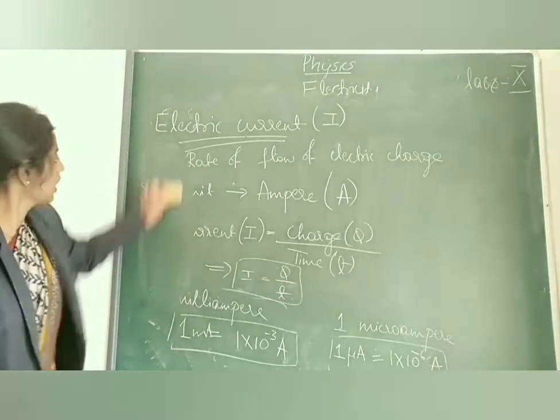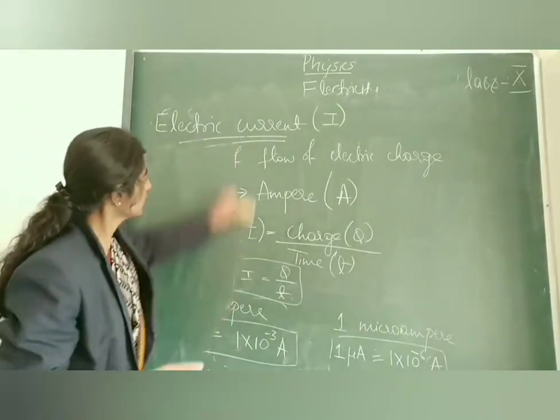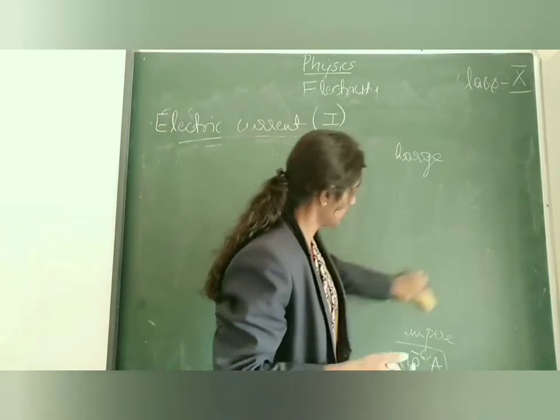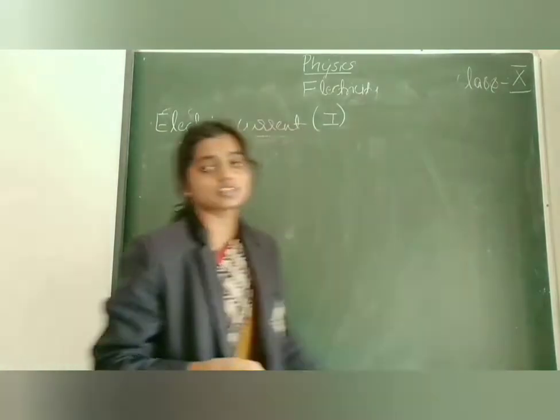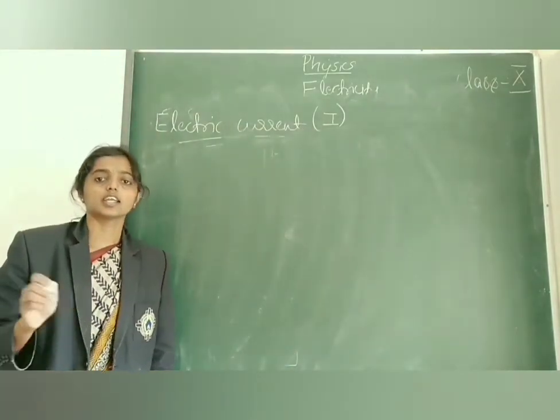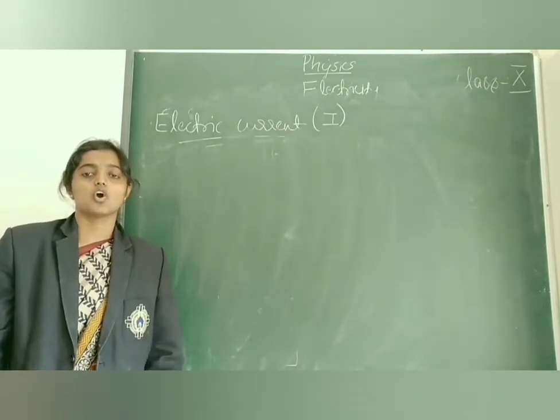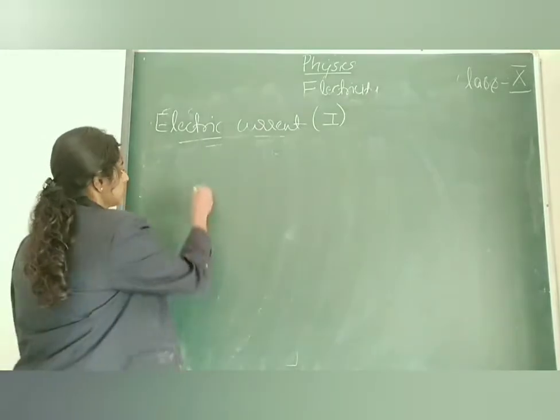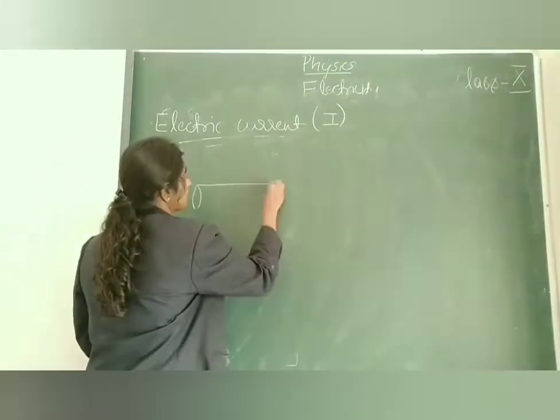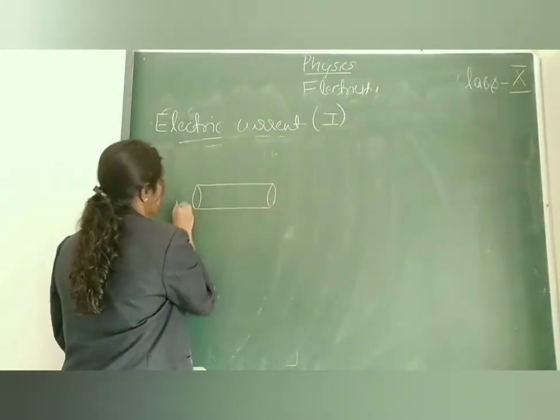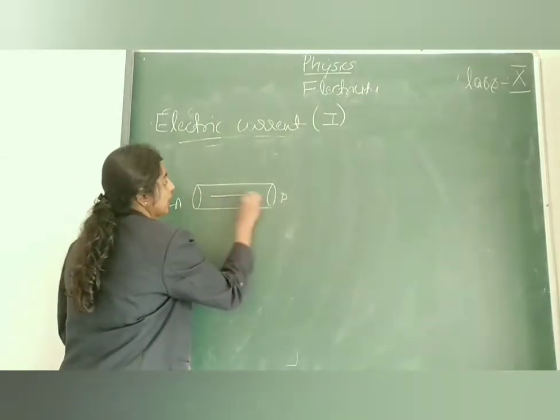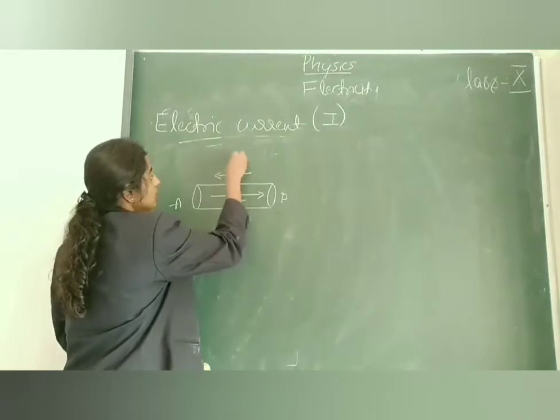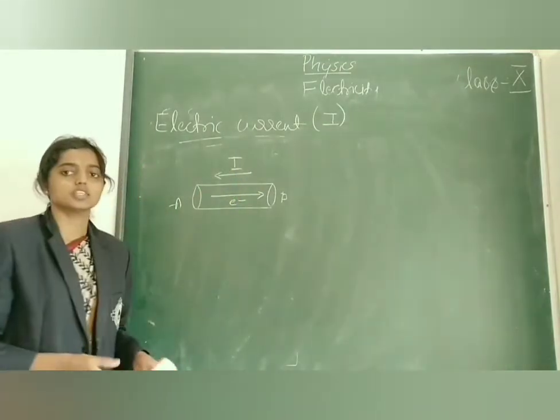And here I have one important point in current: conventionally, in an electric circuit the direction of current will always be opposite to the direction of flow of charges. See, this is our conductor, A to B. If electrons flow in this direction, the current will flow in the opposite direction.